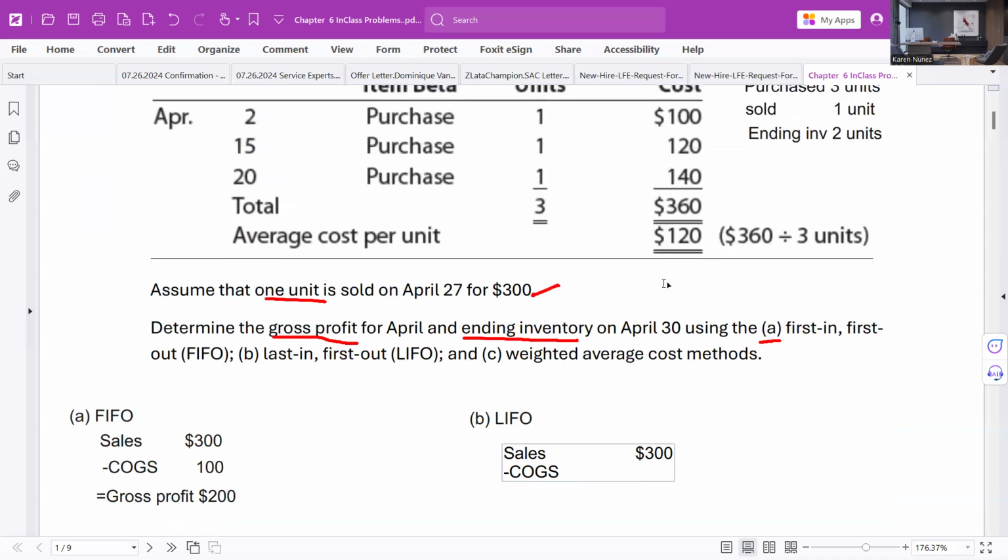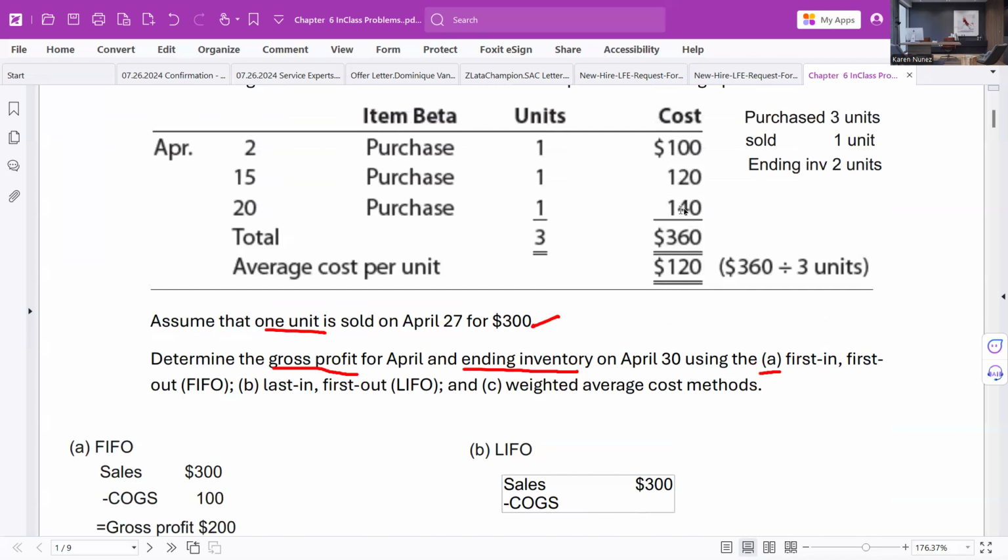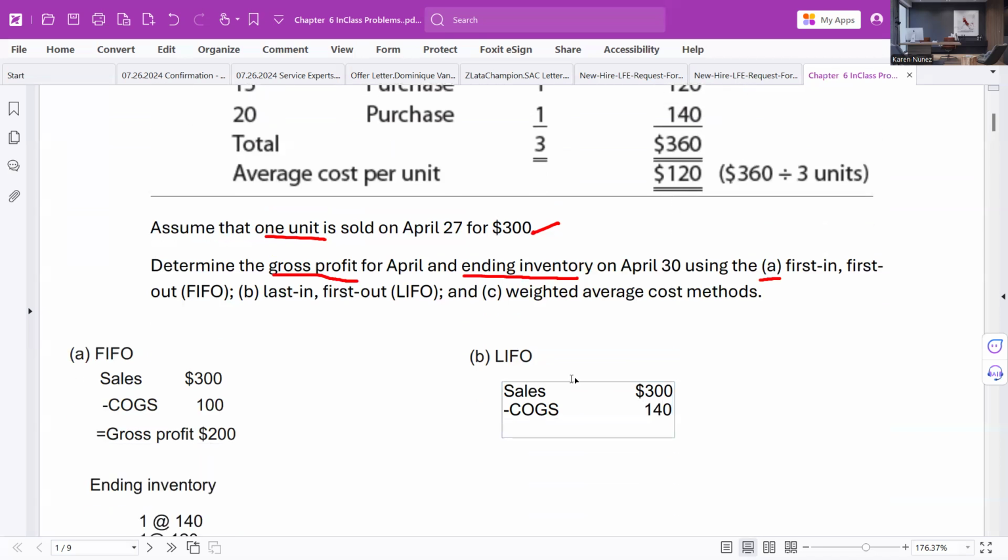So the last one in is the one for 140, which means we have a gross profit of 160. Gross profit is 160 under the LIFO method.